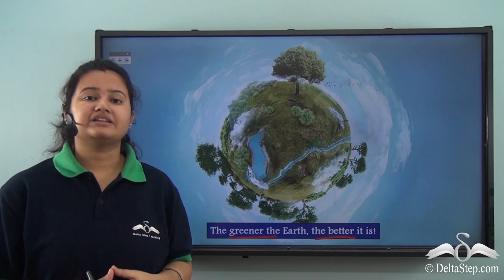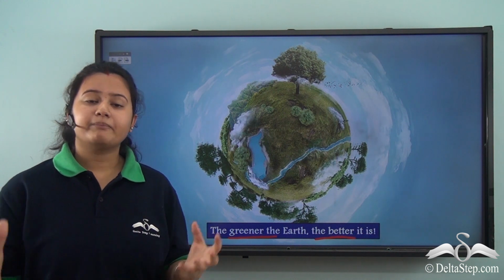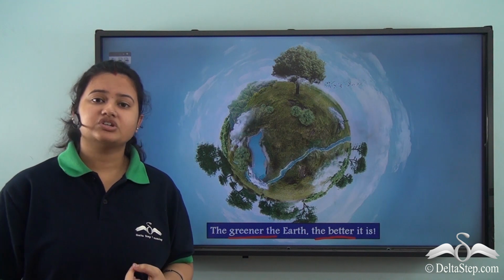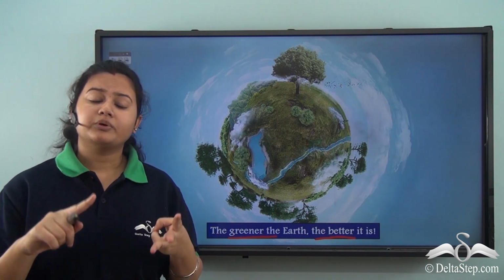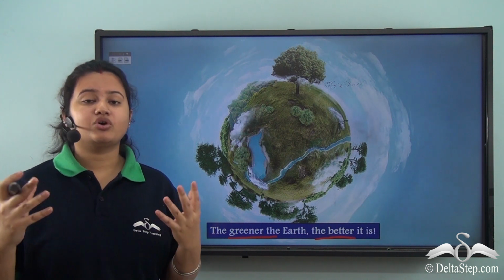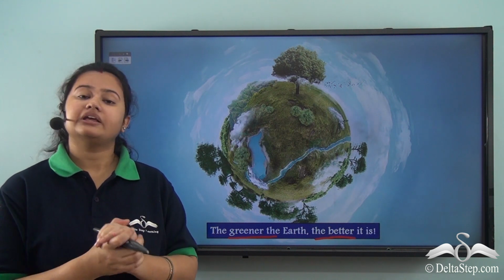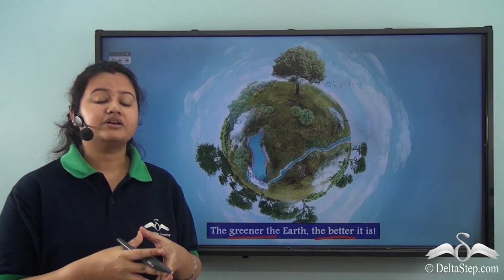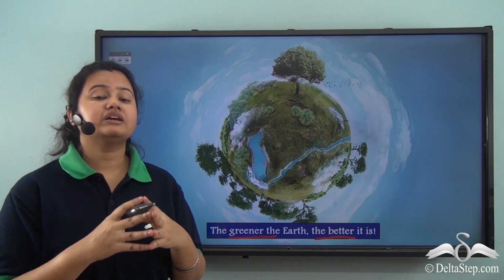So in today's lesson, we discussed various importance of forests. Forest provides us with oxygen, water, valuable plant products, and it also acts as the habitat of wildlife and prevents soil erosion. Since forest is a valuable natural resource, we must look for ways in which we can conserve them.